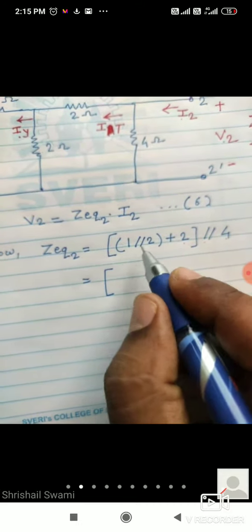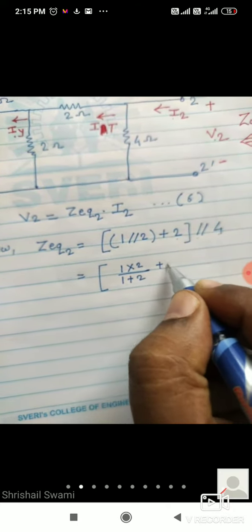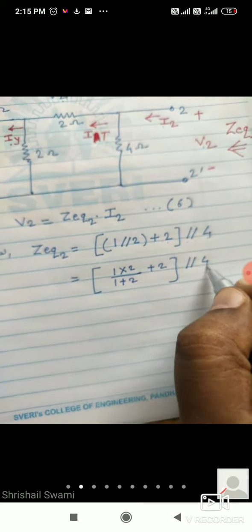Okay. Now first of all solve 1 by 1 bracket. So 1 parallel 2: 1 into 2 divided by 1 plus 2. This plus 2 as it is. This parallel 4 as it is.